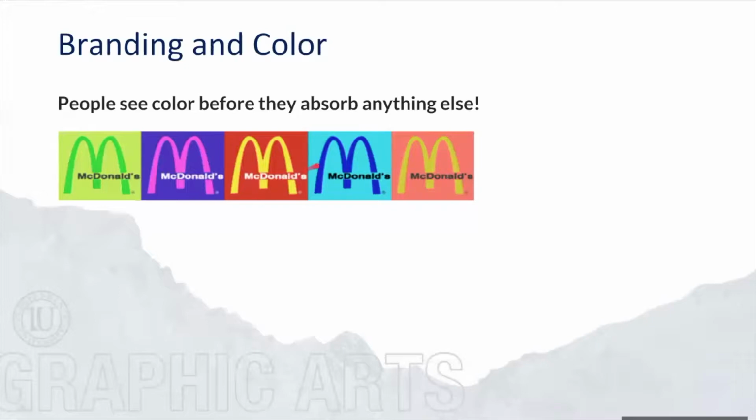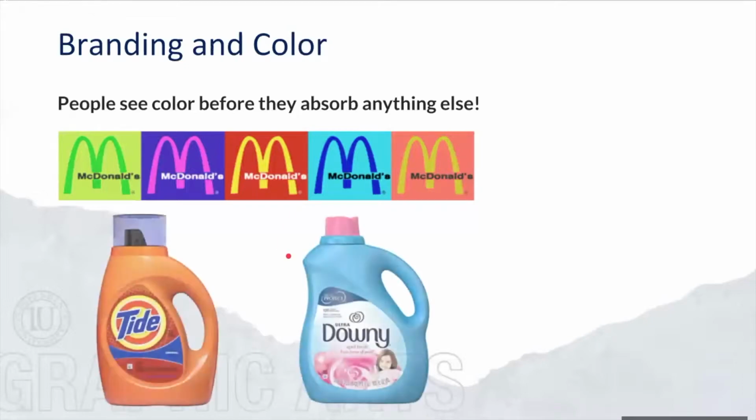But here's a challenge for you. The next time you're in a grocery store, I want you to look at the colors of laundry detergent. An overwhelming majority are blue and orange. You may have never thought of this before, but somewhere they have blue or possibly orange on them.